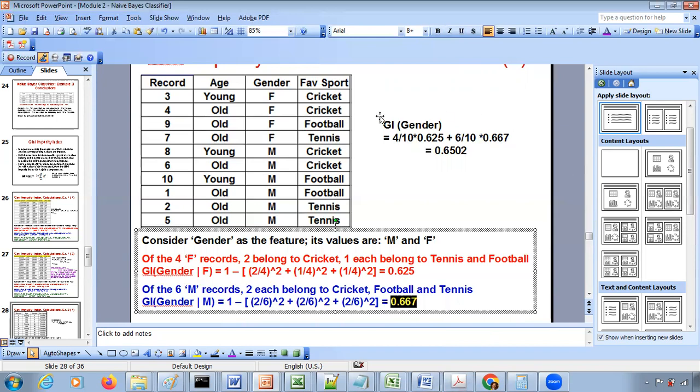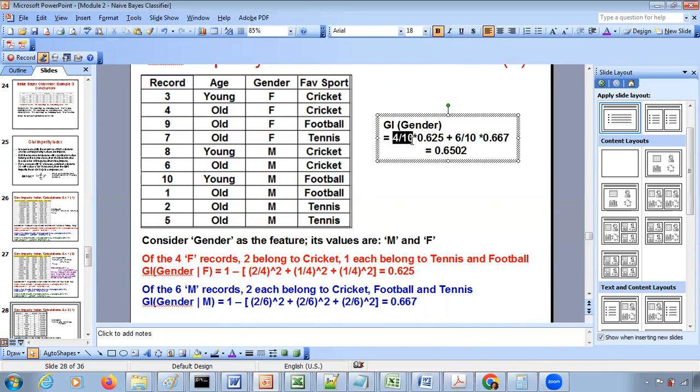So now for the Gini impurity index for gender as a whole, 4 of the 10 female records had an impurity index of 0.625, and 6 of 10 male records had 0.667, and the weighted average comes out to be 0.6502. We would like it to be as close to 0 as possible, and at best it could go to 1. So it's larger in this case. So I wouldn't say this is a very pure feature.